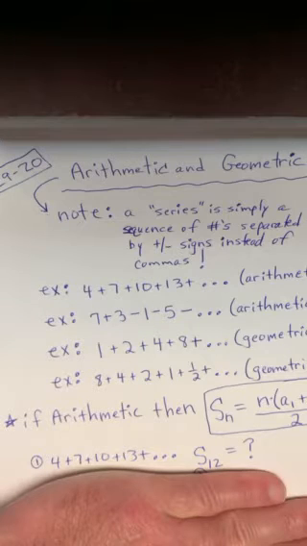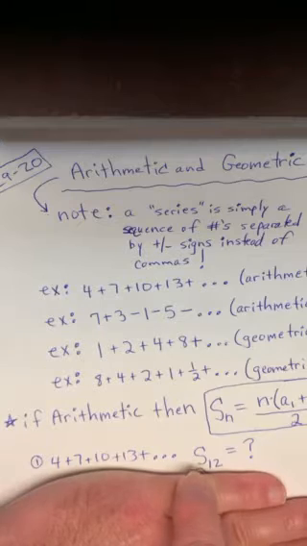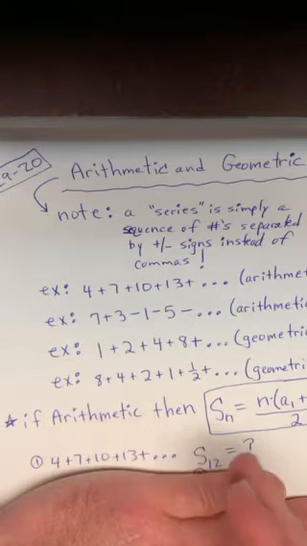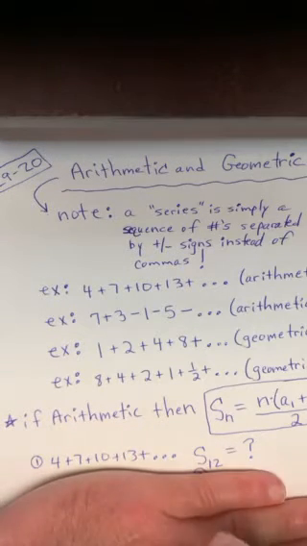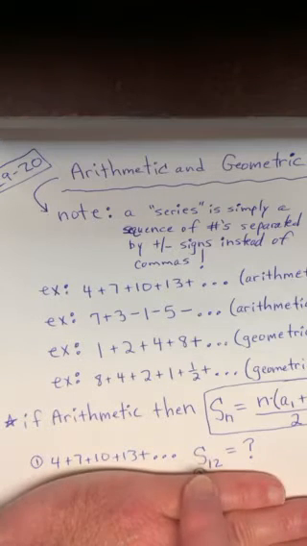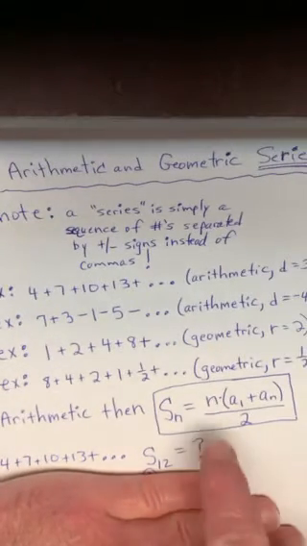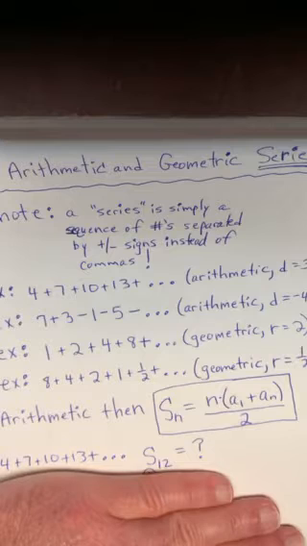I didn't say what's the 38th number. I'm asking what's the sum of the first 12 numbers if I added them all together. And instead of writing all 12 of them down and typing them all into a calculator to get the sum, because remember, I could have said what's the sum of the first 112 numbers, and you wouldn't want to do all that. We're going to follow that formula you just put in a box on your paper.